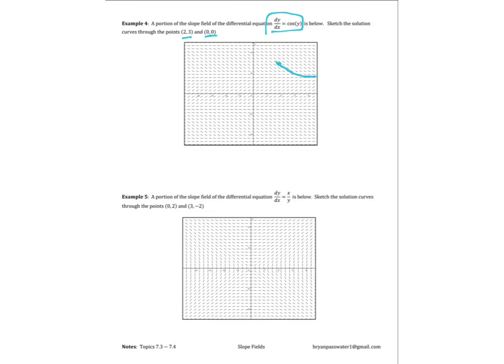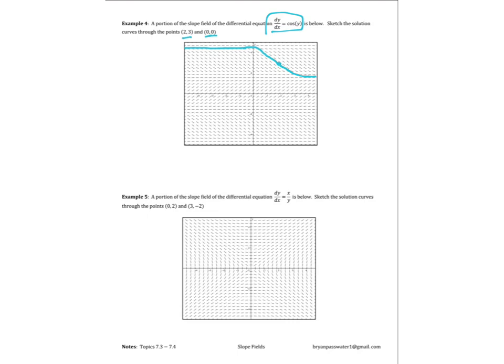And then we're going to go up through here until they kind of level off again. Can you see how we're following the path cut out by the slopes? So this slope field, dy/dx, represents the slopes of the tangent lines to this curve.